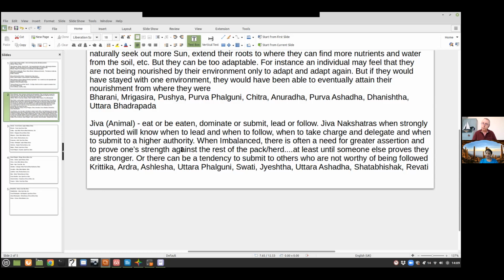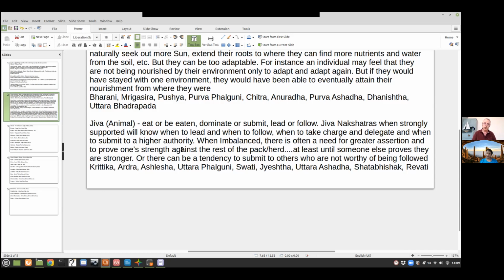But when they're imbalanced, there's often a need for greater assertion and to prove one's strength against the rest of the pack or the herd, at least until someone else proves that they're stronger than that person is. Or they can also have a tendency to submit to others who are not worthy of being followed.